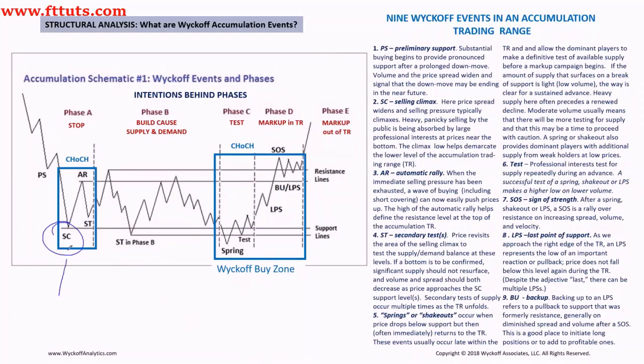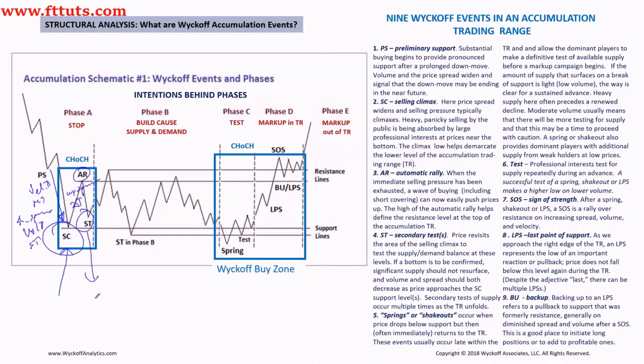Well, for instance, an event like selling climax is going to be associated with the increasing momentum to the downside, increasing downward spread, increasing volume signature, increasing supply signature. Automatic rally might have the increase of the demand and increase of the upspread behind it.